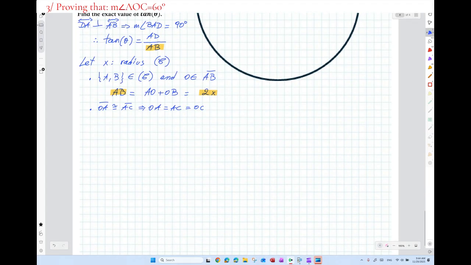So because of that, I can conclude that the triangle AOC is equilateral, and, which is a property of equilateral triangles, equiangular. And therefore, the measure of the angle AOC is 60 degrees.